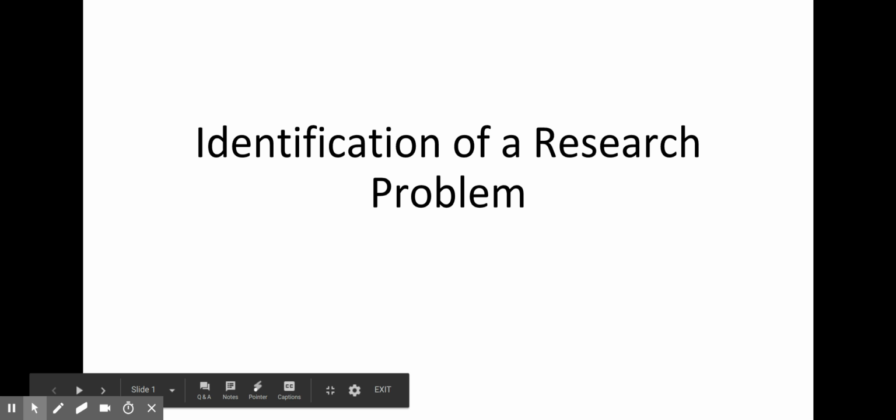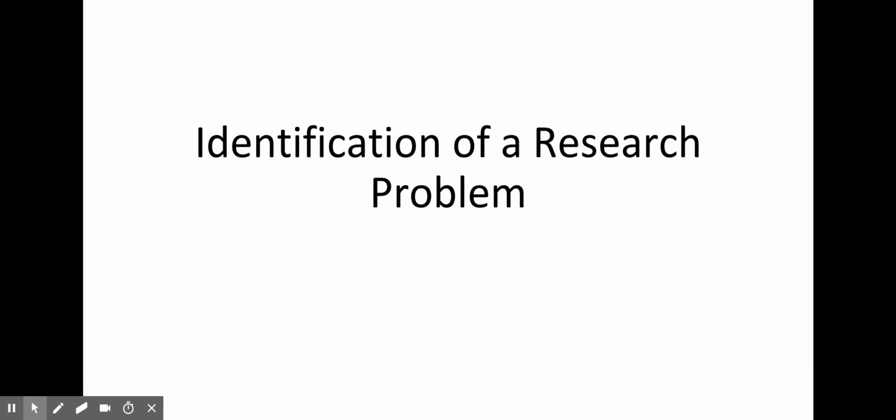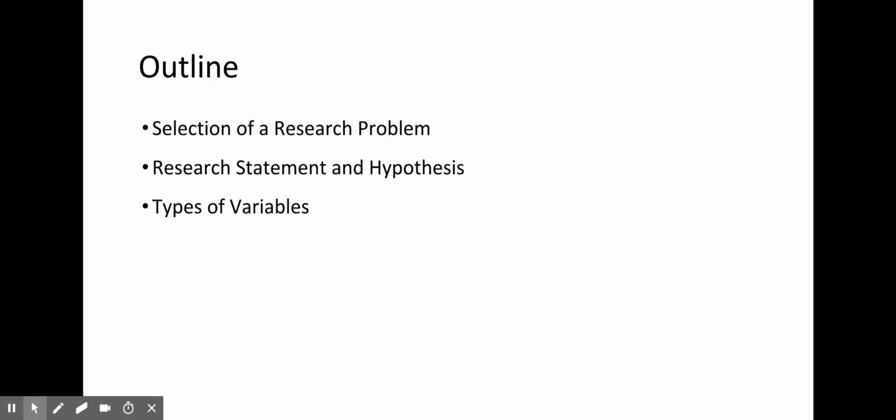All right. Identification of research problem. In this module, we will talk about how to select research questions and how to develop a research problem statement. Then we will look at the components and variations, for example, how to state that problem, and the difference between a research statement, a research hypothesis, and research questions.